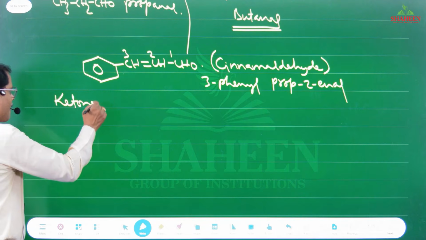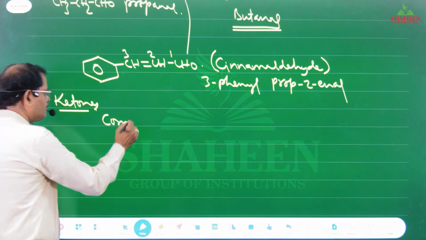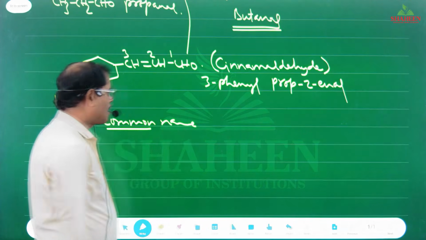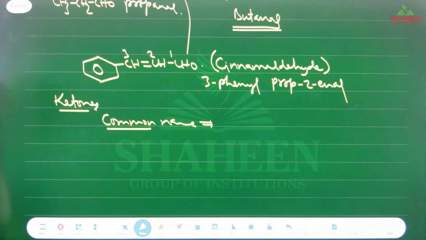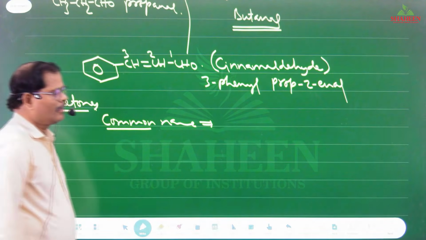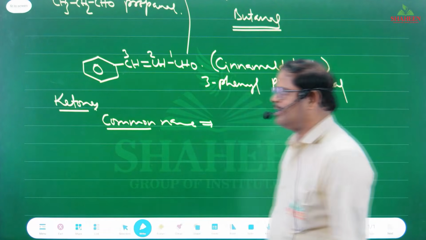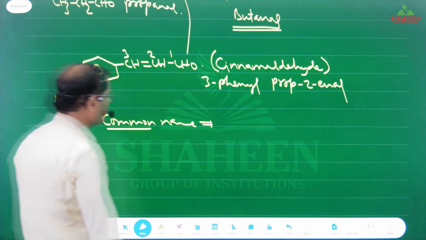And if we go for ketones, in case of ketones, common names are given by writing the names of the alkyl groups attached to the carbonyl group in alphabetical order, and finally by adding ketone.